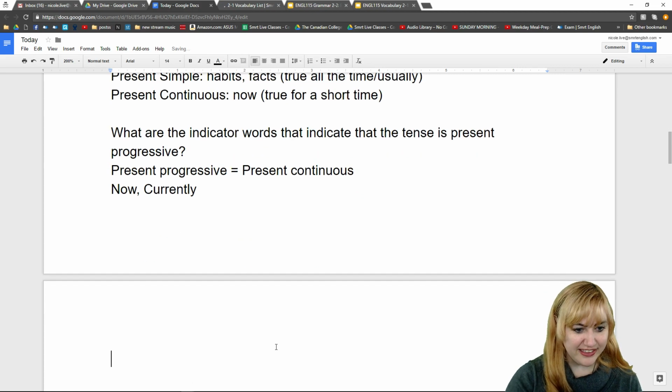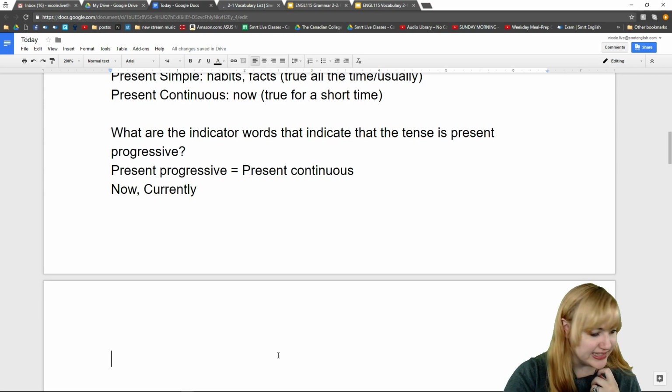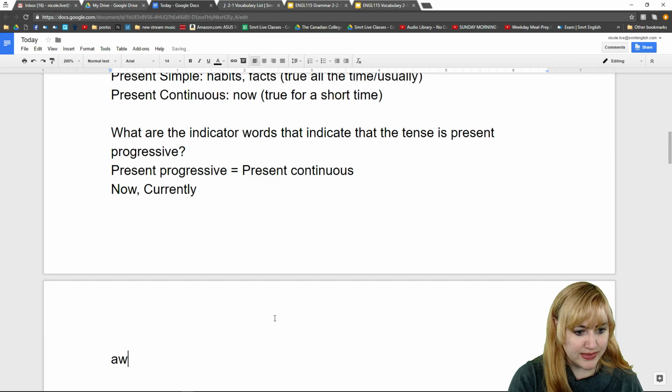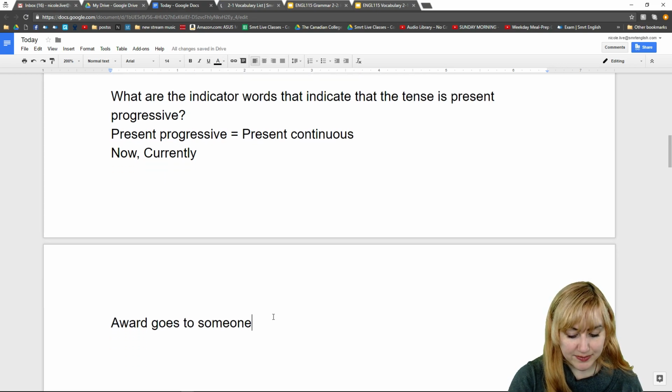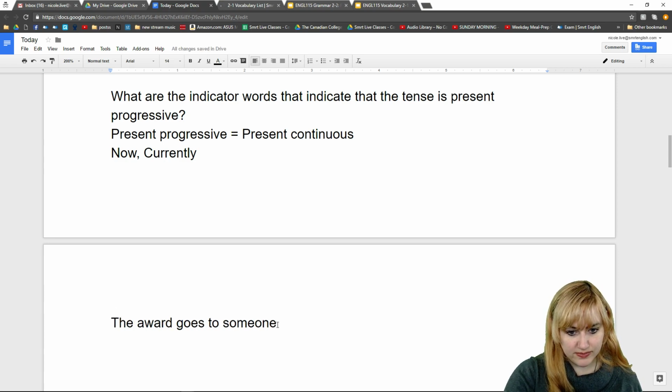All right, let's see if we have any other questions. All right. Award goes to someone. Which kind of simple present tense? So let me write this sentence. Award goes to someone. Okay, so let me put this in a bigger sentence so we have a subject. Well, I'll just put an article. I'll put the. Like the award goes to someone. This means the award always goes to someone.